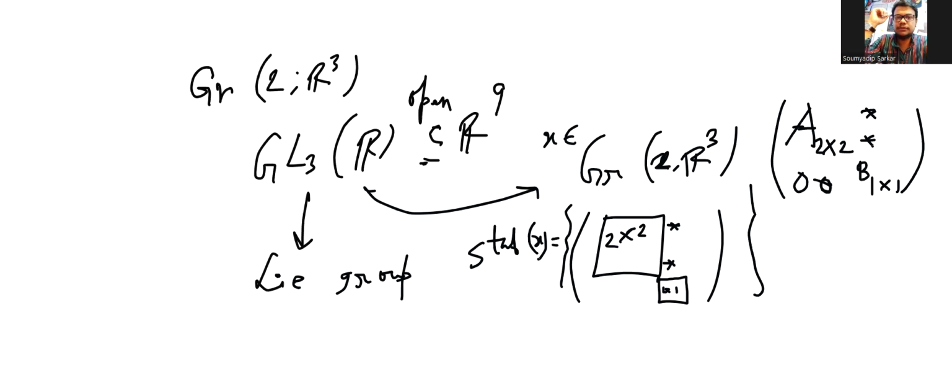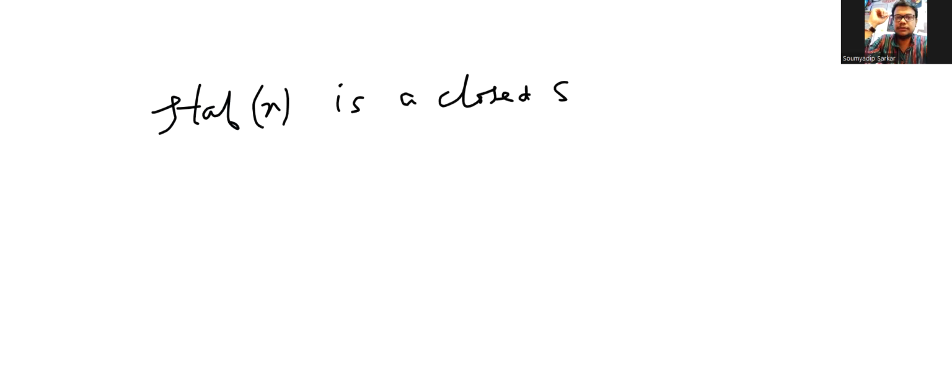Now you can easily show that the stabilizer of X is a closed subgroup. By closed subgroup, what do I mean? It's topologically closed. You can easily show that GL3R is a nice topological group, and this is a closed subgroup.